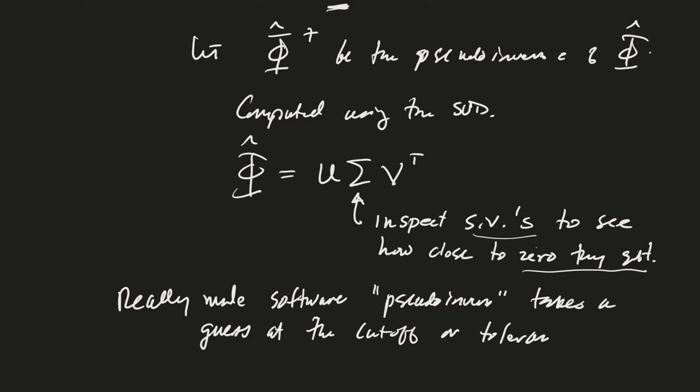And sometimes it can be a bad guess because they're usually pretty conservative, so they're going to be very small numbers. But you may want to say, well, I've got a lot of noise in the data, or the data is not very sure, so I may want to increase that tolerance level a little bit, and cut off the stuff that I know is going to create problems when I try to do the inversion.